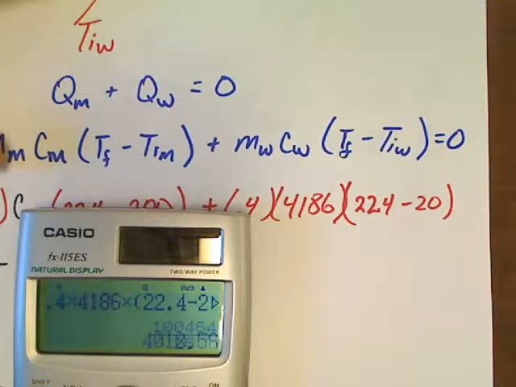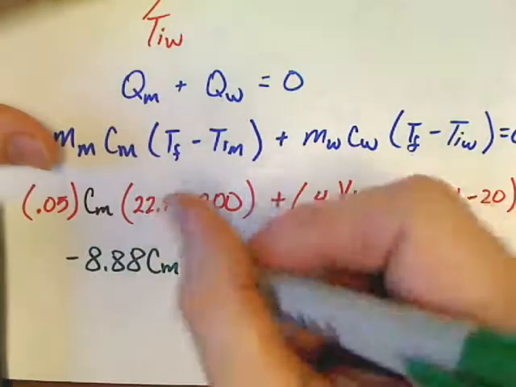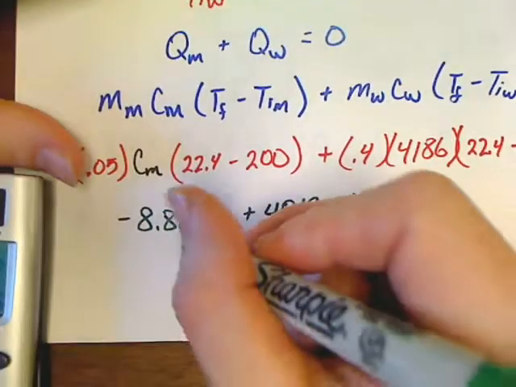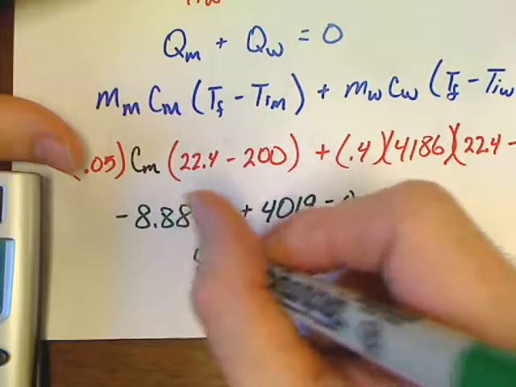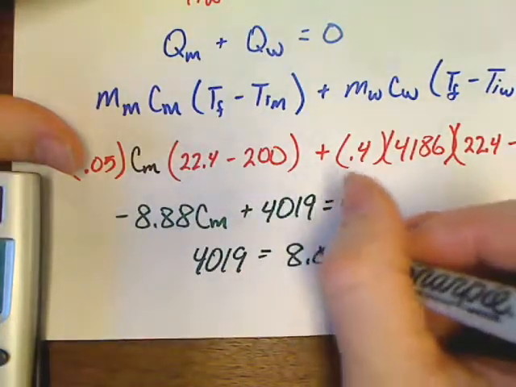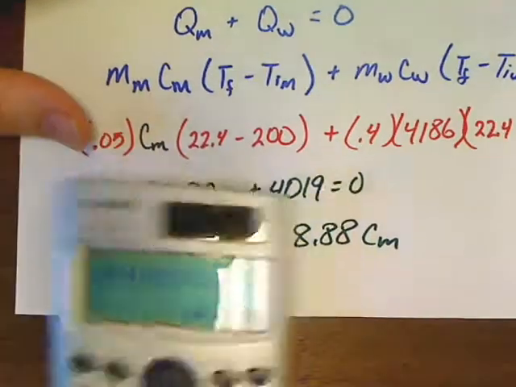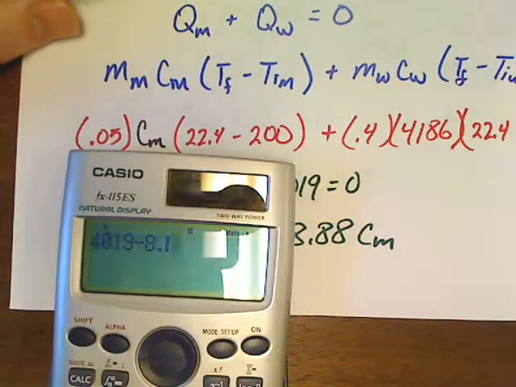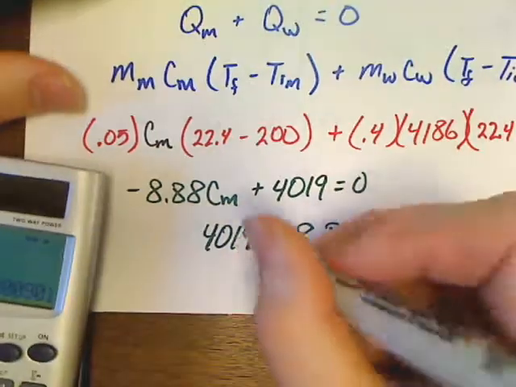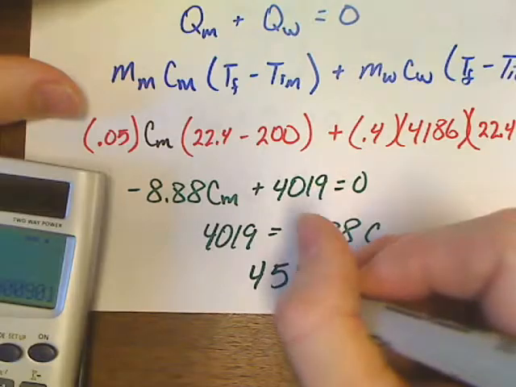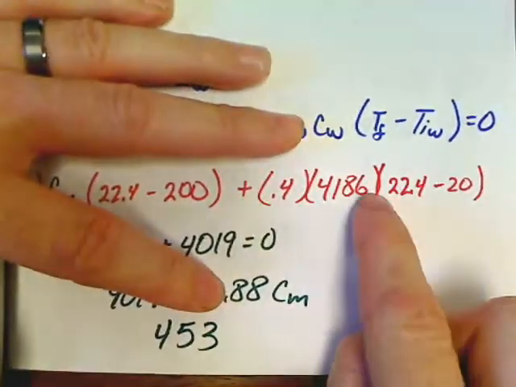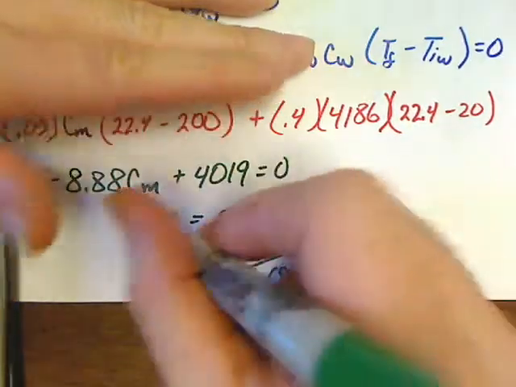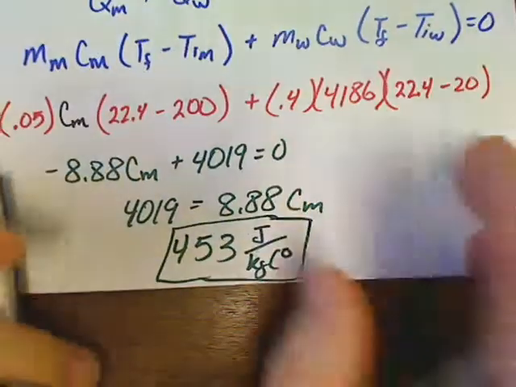Anyway, equals 4,019, so plus 4,019 equals 0, so this ends up being 4,019 equals 8.88 CM, and I'm almost there. 4,019 divided by 8.88 is equal to 453. And I did this problem in joules and kilograms. Joules per kilogram Celsius degree. And I am done with this question.